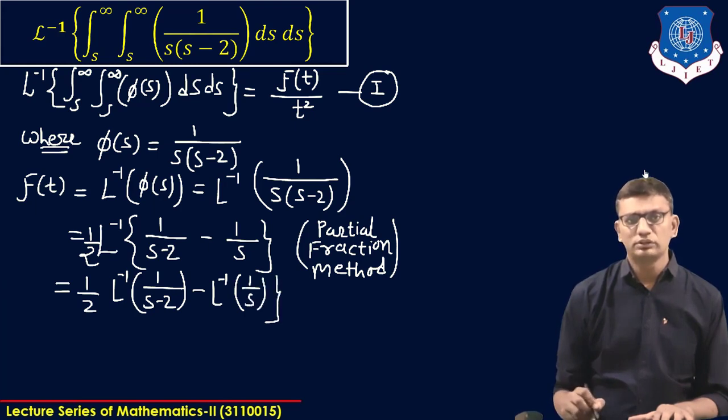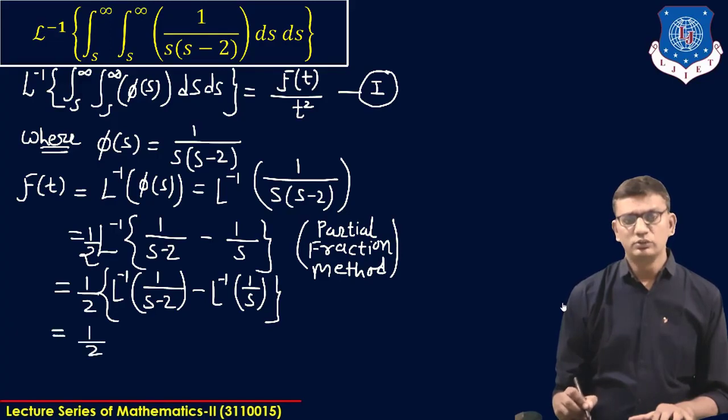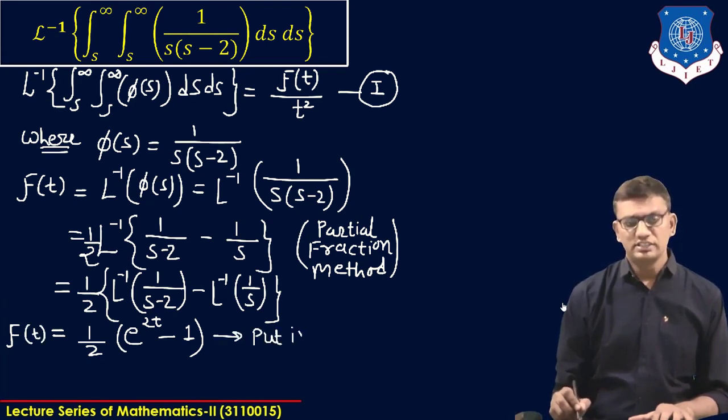We know both the inverse Laplace transforms. Therefore, we have 1 by 2 e raised to 2t, which is the inverse Laplace of 1 upon s minus 2, and 1, which is the inverse Laplace of 1 by s. Now our ft is equal to 1 by 2 e raised to 2t minus 1. Put this ft in our result number 1, which is ft upon t square.